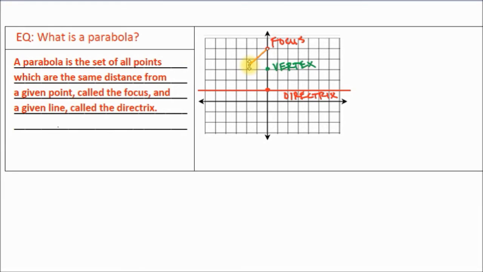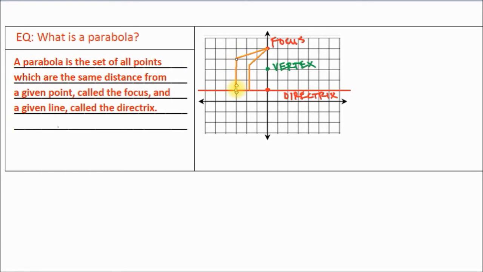If I put a point right there, let's draw a line segment from the directrix to that point. That point is about the same distance from the focus and directrix. Let's try another one. It looks like that's about this distance away from the directrix.